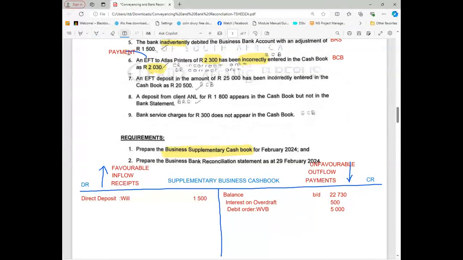So I must come here and write, I prefer to write, correction of error. You can put anything that makes sense, in brackets. It was the payment made by EFT, and that EFT was to Atlas.